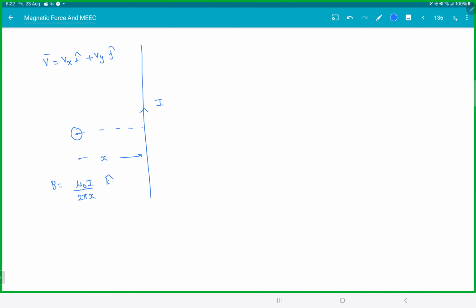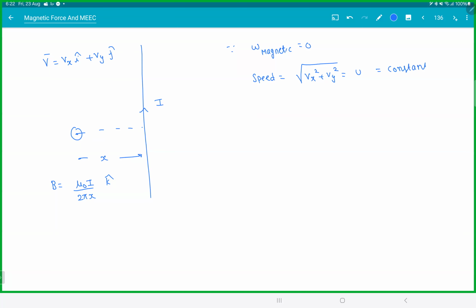The signs will take care of themselves. Vx, Vy are variables. Since work done by magnetic force is 0, speed remains constant, which is root over Vx square plus Vy square equal to u, a constant. Speed doesn't change.